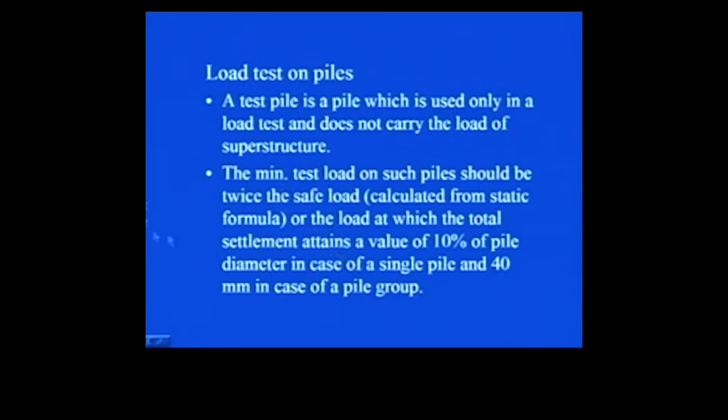So, you see here, let us say the pile has a diameter of 1 meter, then 10% of 1 meter is 0.1 meter. Whenever you achieve that 0.1 meter of settlement, that much load you should apply in case of a single pile, and if it is a pile group, then 40 mm is the criterion.